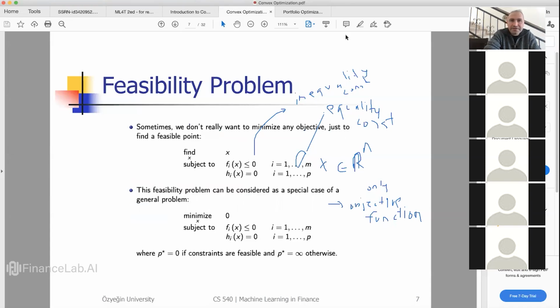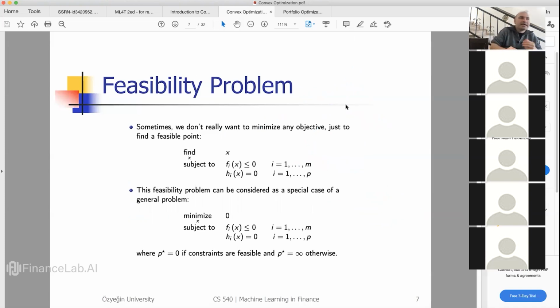And again, the feasibility problem. Even though we are dealing with objective functions in optimization, in some cases we don't really want to minimize an objective. In some cases, we just want to find a feasible point.